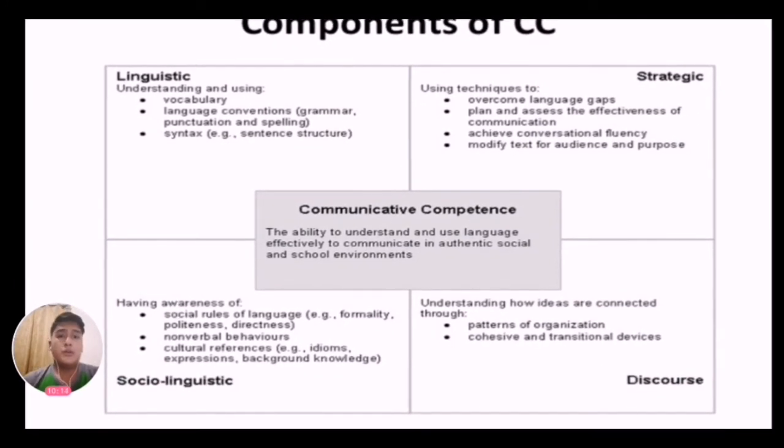It is how the language was used effectively, and how the institution or the school put it into an authentic, rigid and solid environment.